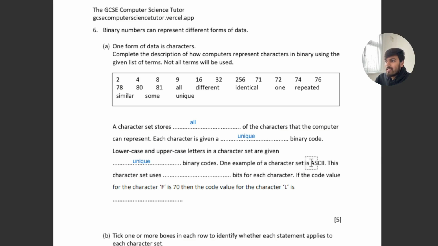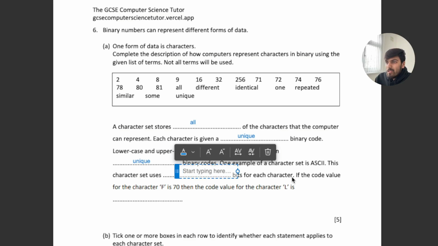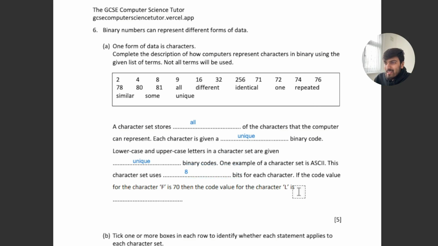One example of a character set is ASCII. This character set uses how many bits for each character? There's no 7, so 8. But it uses 8 bits for each character. I'm pretty sure it's 7, I don't know about that one. I would assume it's 8, unless I've missed something from the question, but there's no 7, so that's why I put 8, unless it's a mistake on the paper.